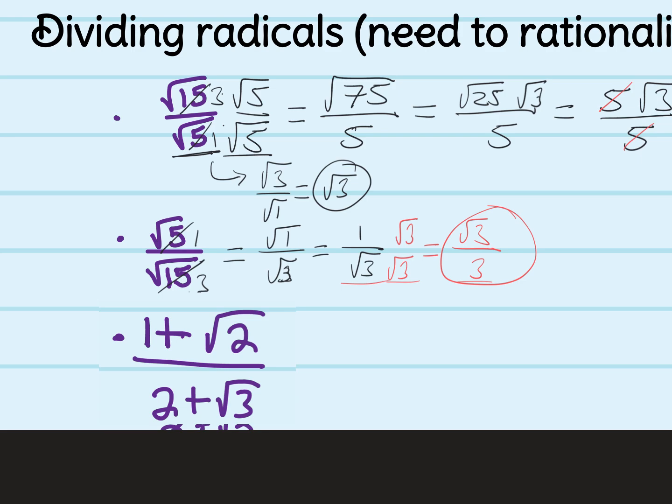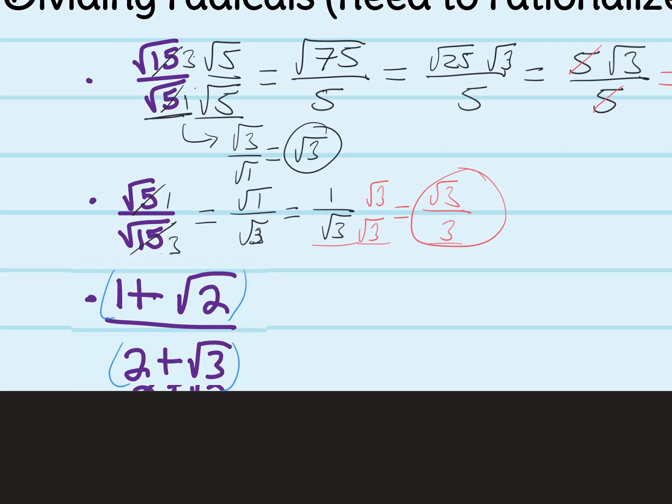To rationalize this denominator, you want to multiply the top and the bottom by the conjugate of the denominator. If you remember what a conjugate is, it's going to be the exact same expression, but instead of a plus, we're going to have a minus. So we're going to do 2 minus the square root of 3 on the top and the bottom.